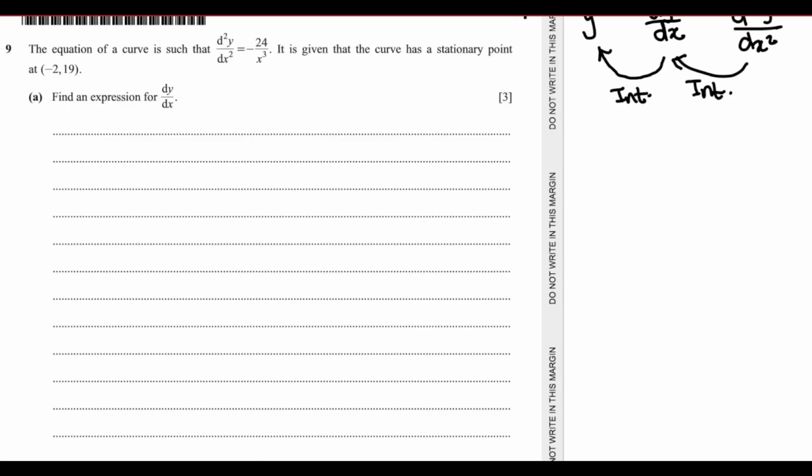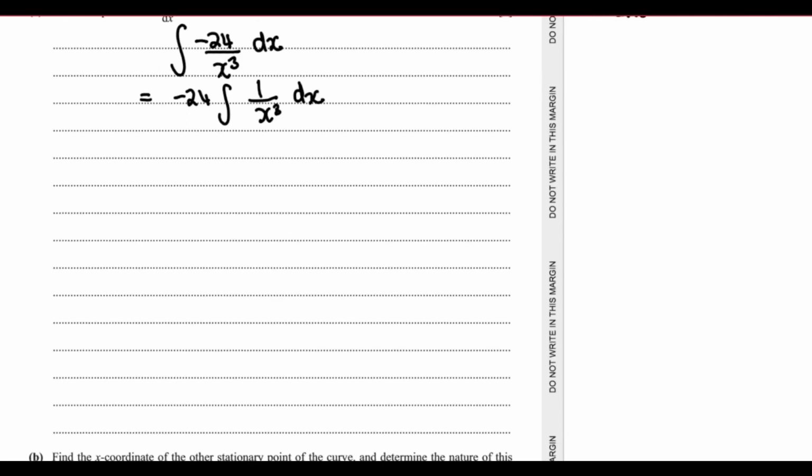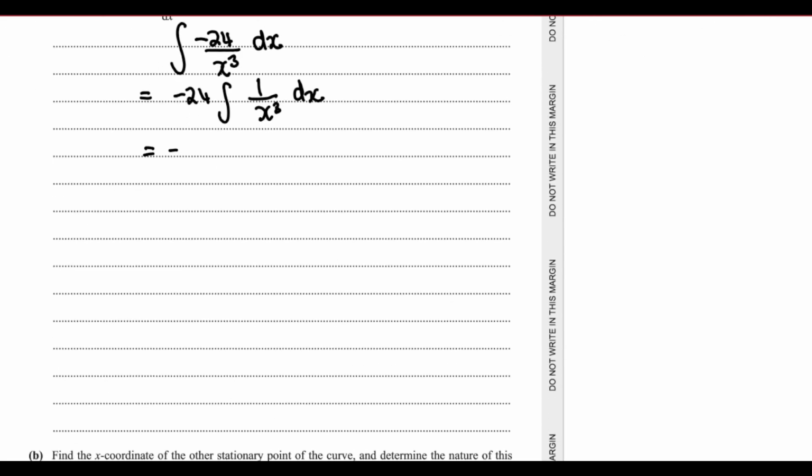So let's start by taking the indefinite integral of that second derivative. I'm taking the -24 to the outside. So that's basically x to the -3.